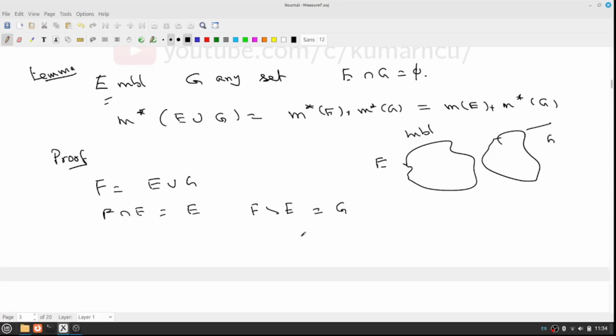You understand this? F minus E is the same as F intersection E complement. F is E union G, intersected with E complement.